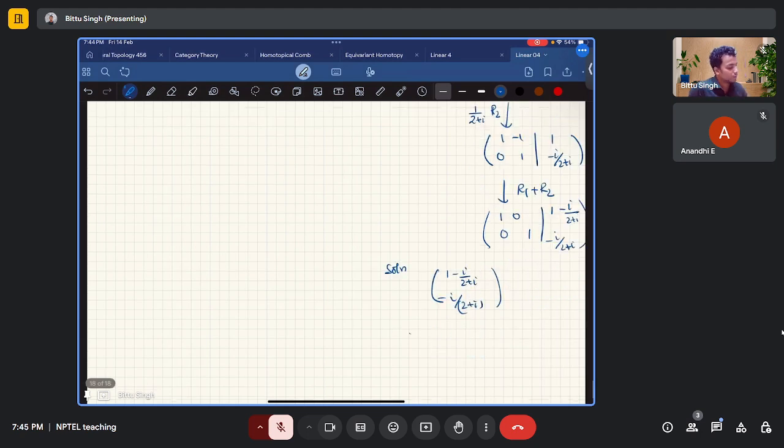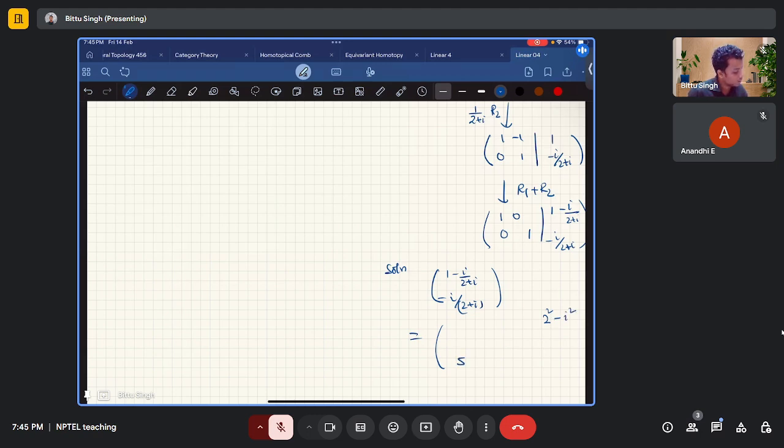But we can explicitly write it by multiplying by the conjugate. Multiplying by 2 minus I, it will give 2 square minus I square, right, which is plus 5.